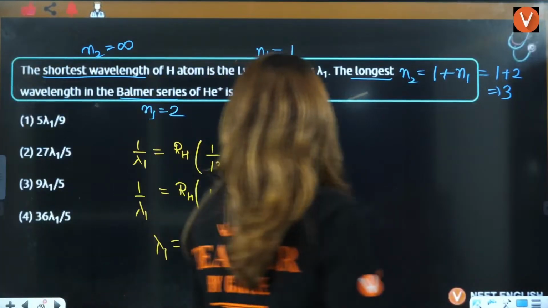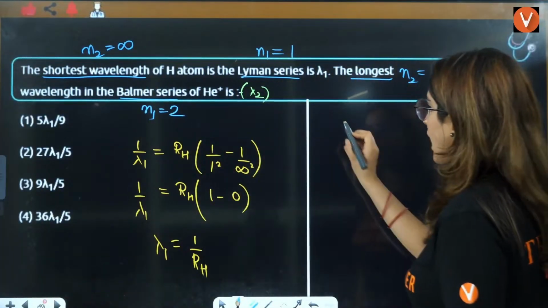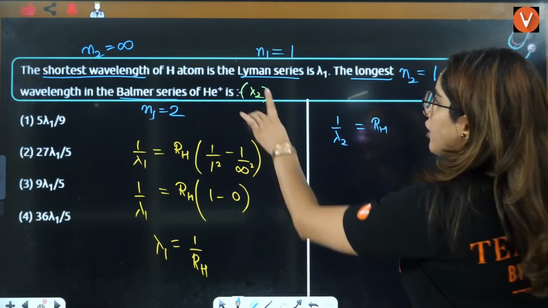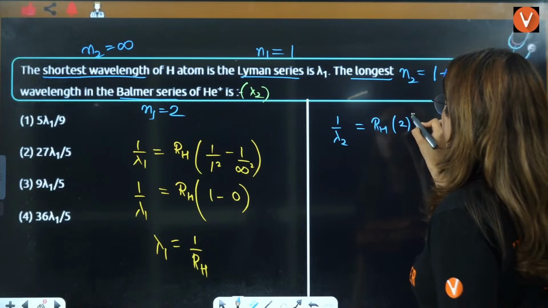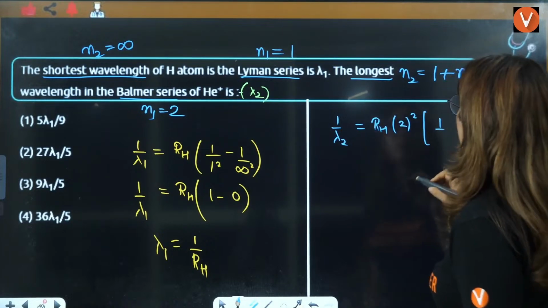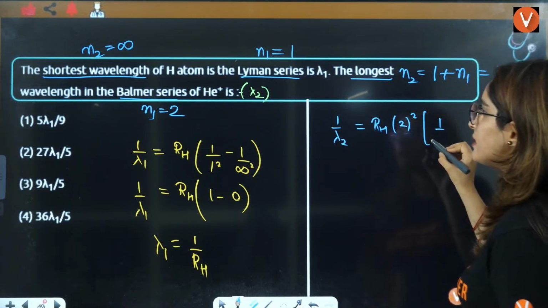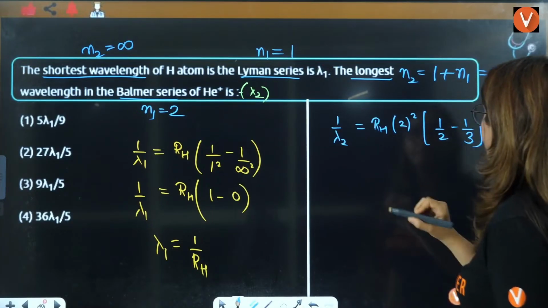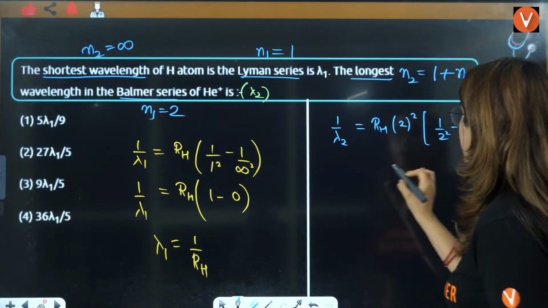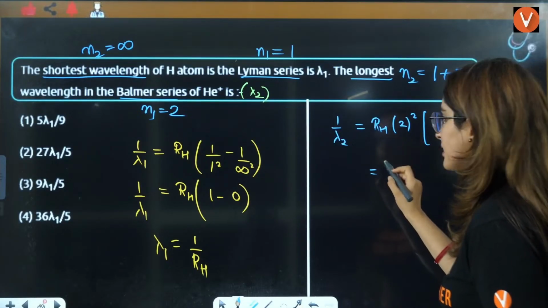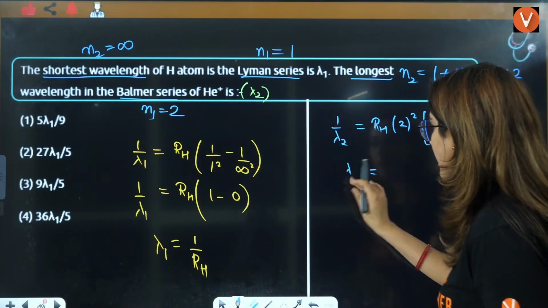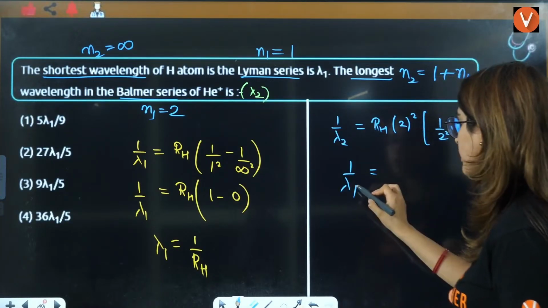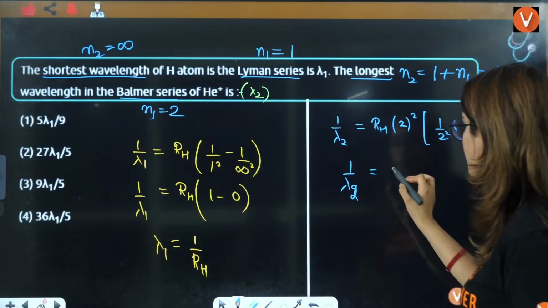Okay, what about this one? Here what you have is 1 by lambda 2 is equal to RH. For helium, it is Z square, 2 square. It is 1 by N1, N1 is 2, minus 1 by 3 square. So you just need to solve it, guys. RH is 1 by lambda 1.